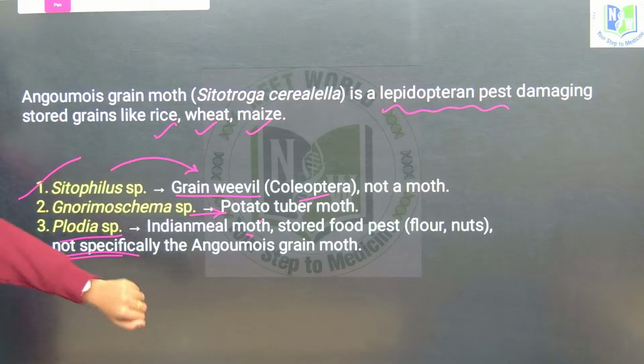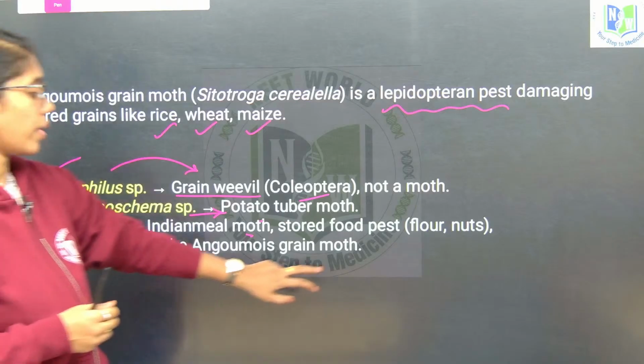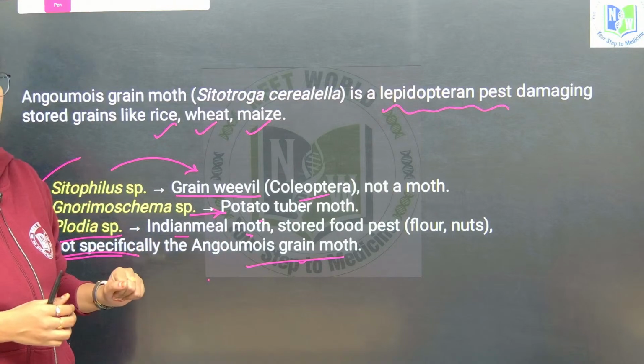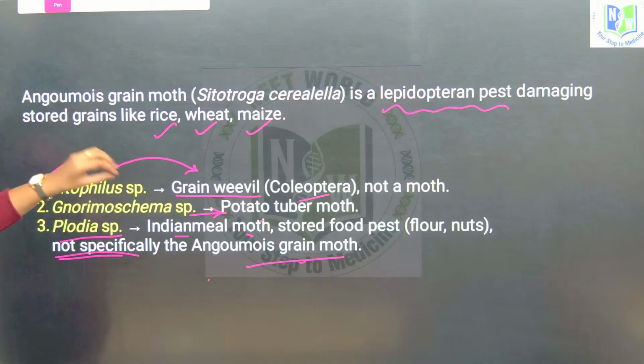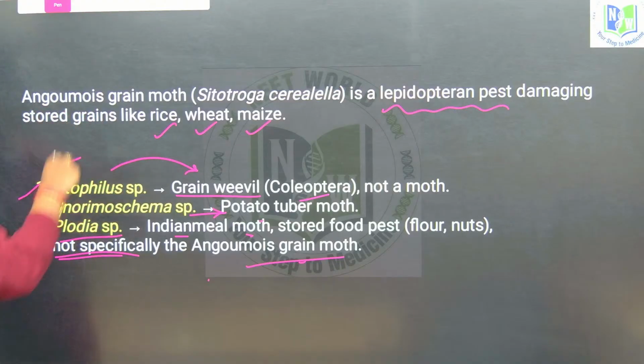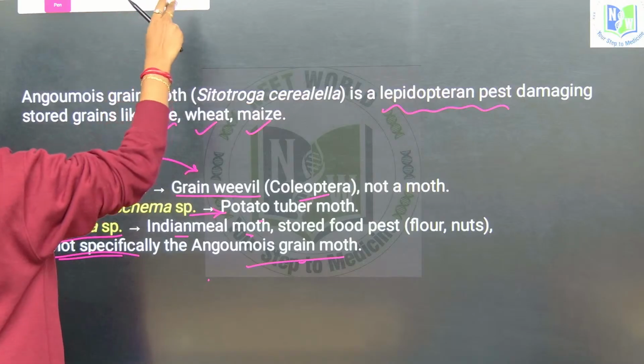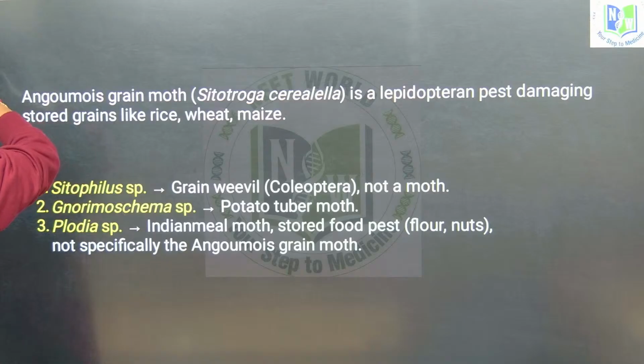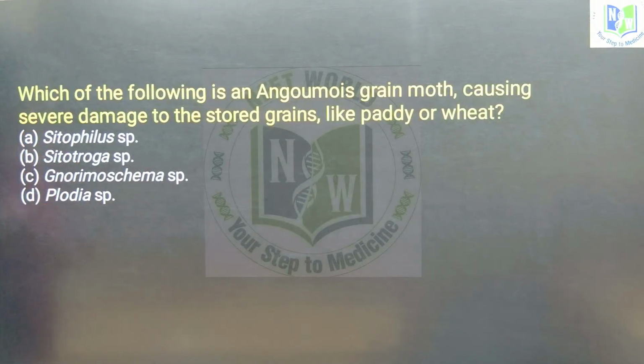This is not specifically an angoumois grain moth. The Plodia species are not angoumois grain moth, these are Indian meal moths. So, this is the direct description of all the 4 options that are given to us, and the angoumois grain moth is Sitotroga cerealella. This is the direct question from there.